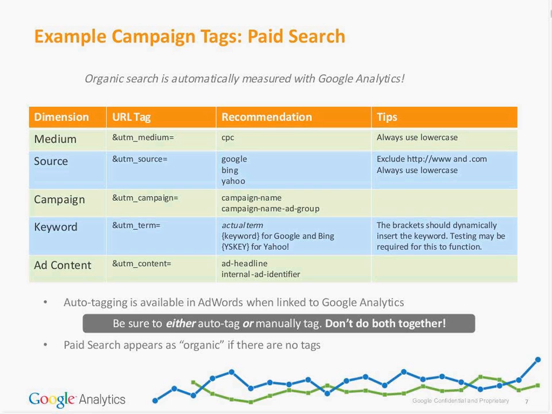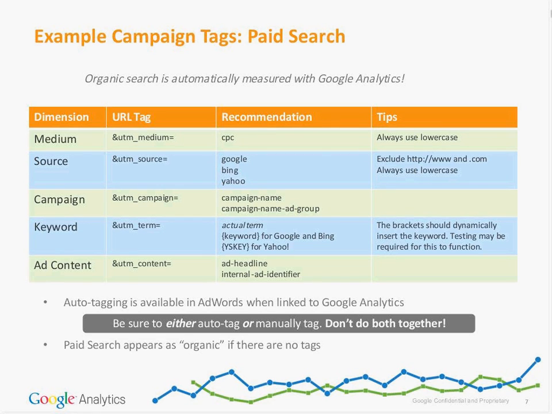For their parameters, these are all things you'll add to your URL. For campaign, it's strongly recommended you simply use the same campaign name you use within your paid search tool. This is a good place to add your ad group if you wanted to analyze by that, so you would put a combination of campaign name and ad group. For term, the word that you'll use will be the actual term that you're bidding on. However, there is dynamic keyword insertion.